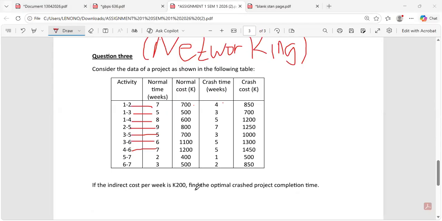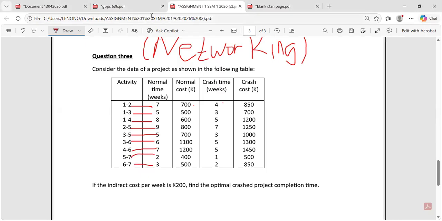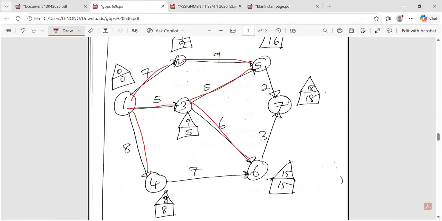The other ones that we need to look at are 5 to 7 and 6 to 7, and you get the respective durations for 5 to 7 and 6 to 7.